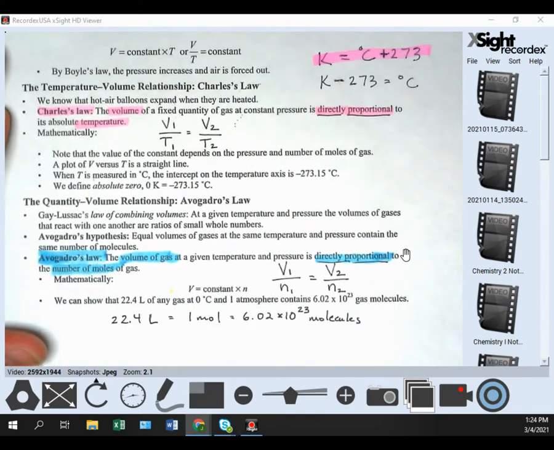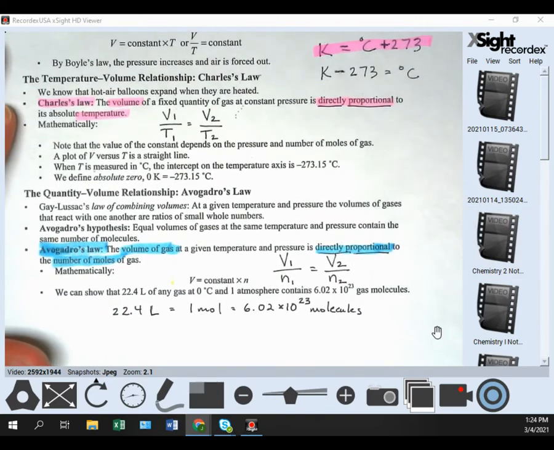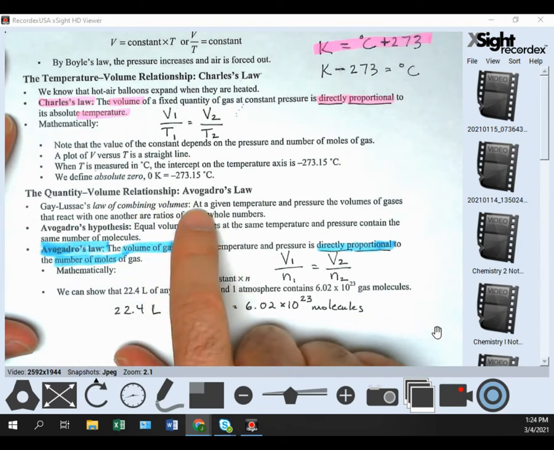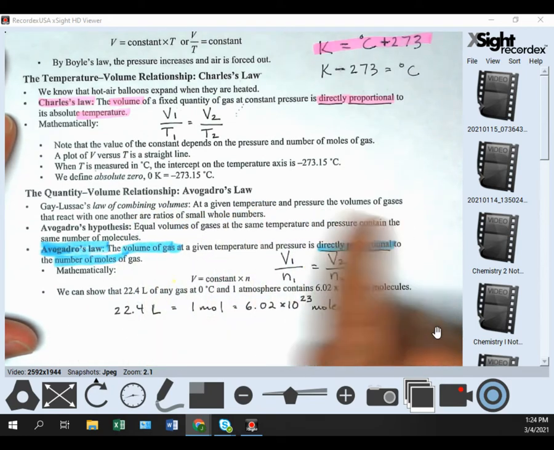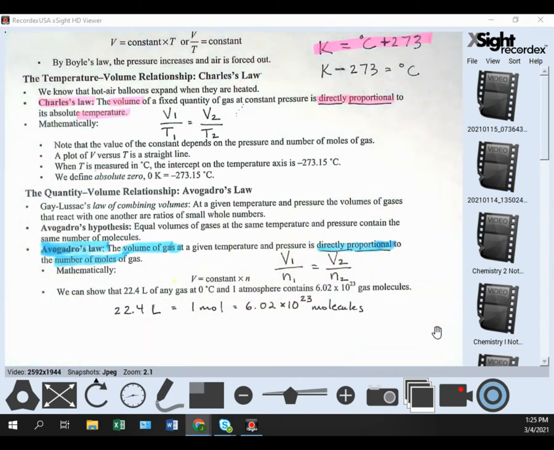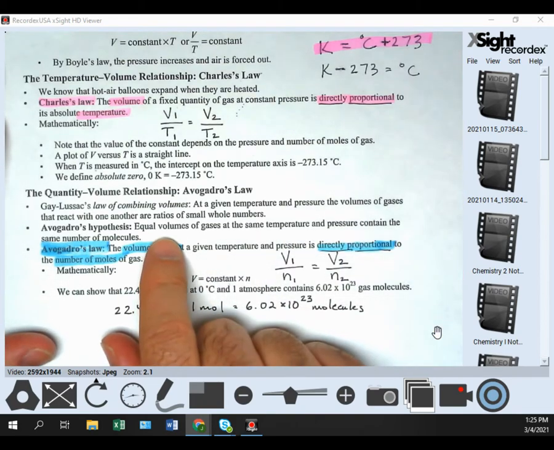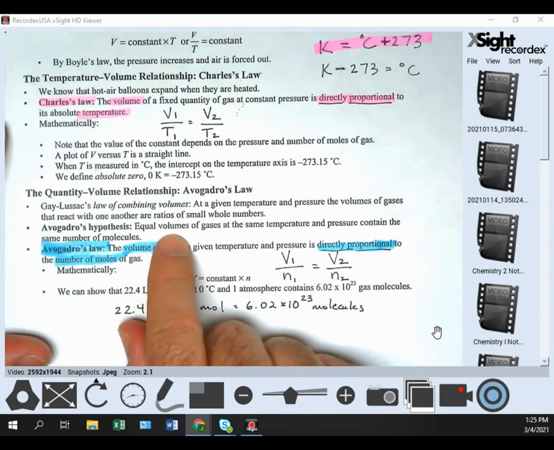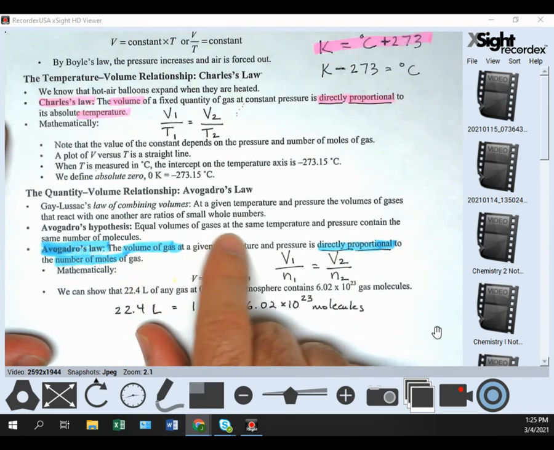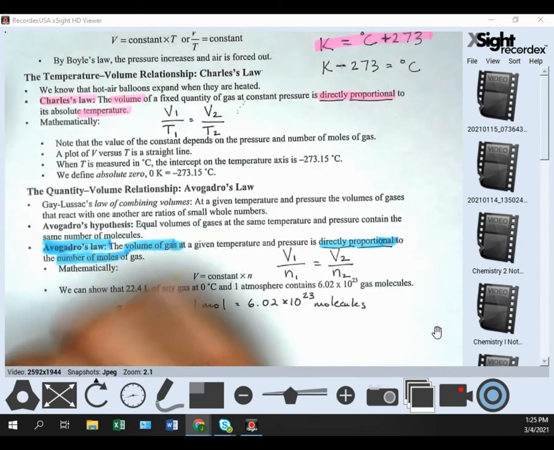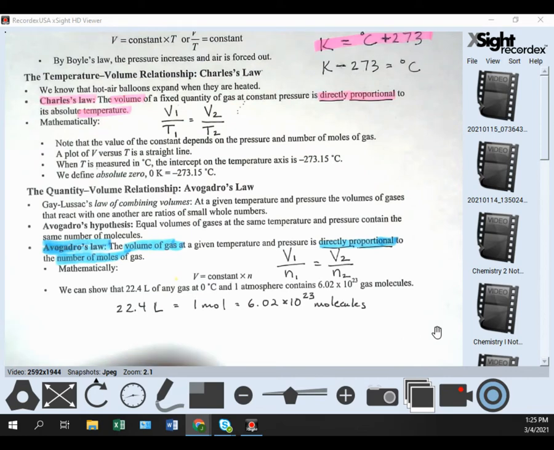Last one, Avogadro's law. They've got Gay-Lussac's law of combining volumes, which we don't really use very much. At a given temperature and pressure, the volumes of gases that react with one another are ratios of small whole numbers. Avogadro's hypothesis is that equal volumes of gases at the same temperature and pressure contain the same number of molecules, which is weird at first.